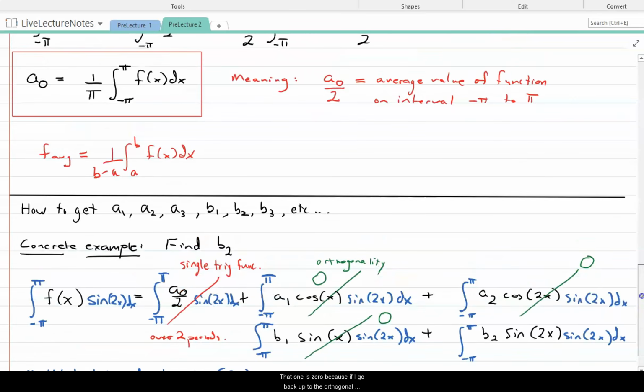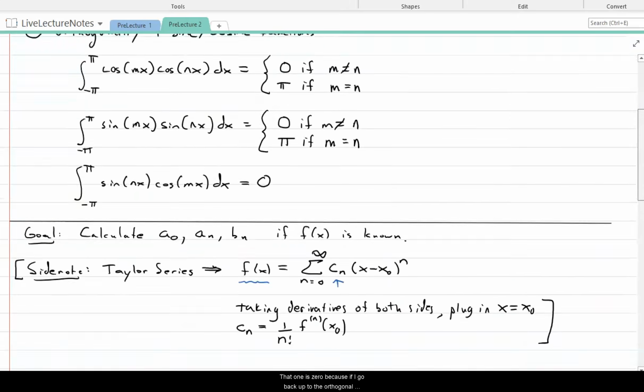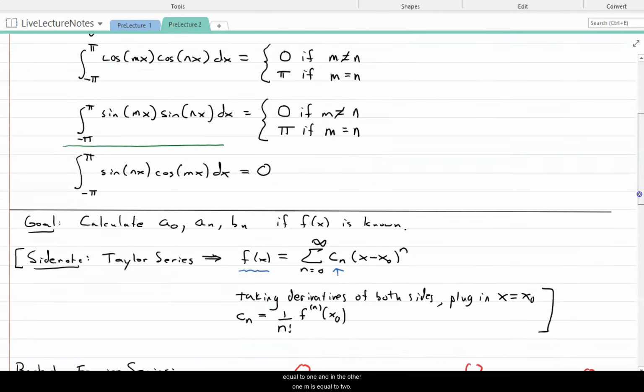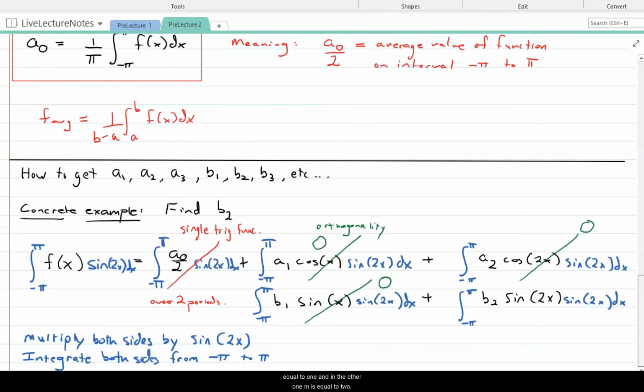That one is 0 because, if I go back up to the orthogonality relationship, that's a sine times a sine, but with m not equal to n. In one of those, m is equal to 1, and in the other, n is equal to 2. So the sine of x and sine of 2x is orthogonality with m not equal to n.